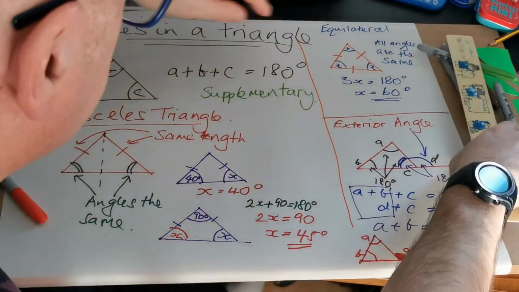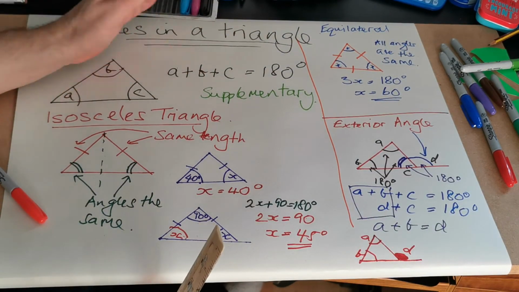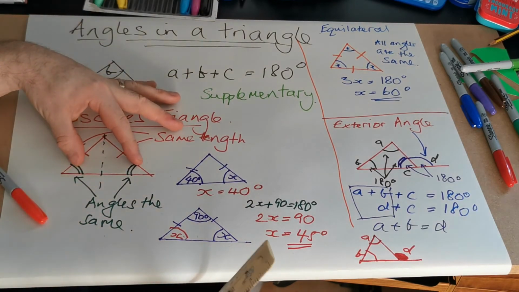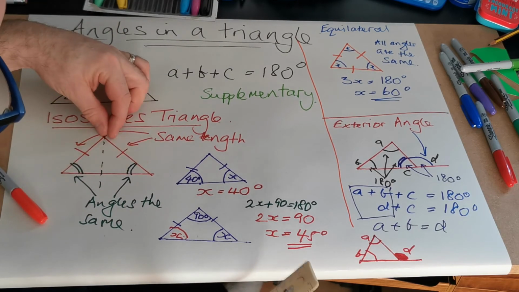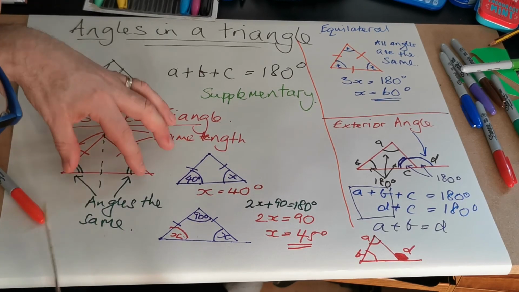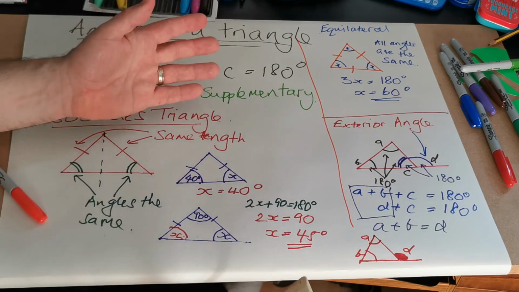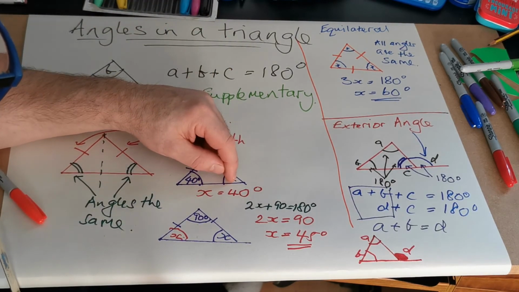So, the things we need to know. Angles in a triangle add to 180 degrees, I'm sure you knew that already. An isosceles triangle has two angles that are the same, but not where the two sides join. That's not one of the same angles. It's in the places where they join the non-same length side. Two types of questions. One is where they give you one of the same angles and ask you to find the other same angle.